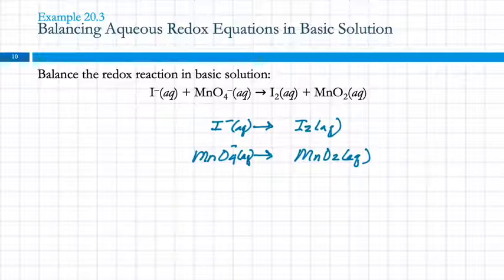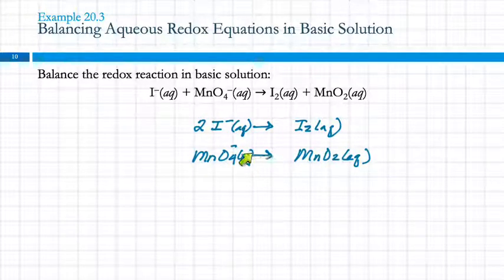Now I'm going to balance with mass first, the atoms. So this first one, I have 1 iodine here, and I have 2 over there. So I can fix that by putting a 2 in front of the I minus. I'm not worried about charges yet. Down here, the manganeses are fine. I have 1 of each, but the oxygens are not.